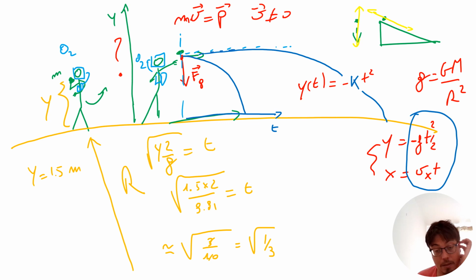I don't know what the square root of 3 is, we can calculate it, it's just an approximation. Now we have to find x.